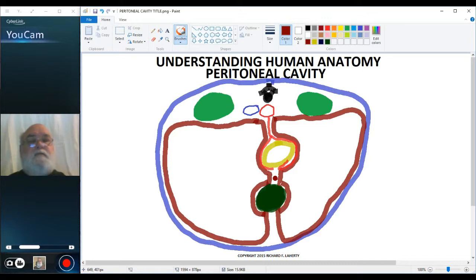Now, the ventral mesentery is now divided into two different structures. We have a structure sitting between the stomach and our new structure, and the new structure is the liver, and this will be the lesser omentum.